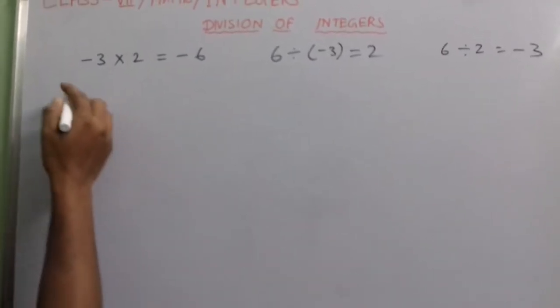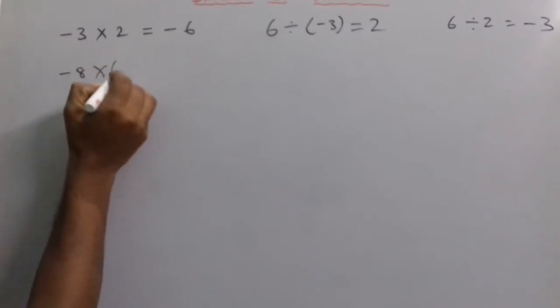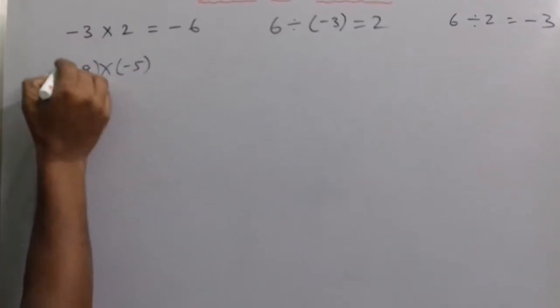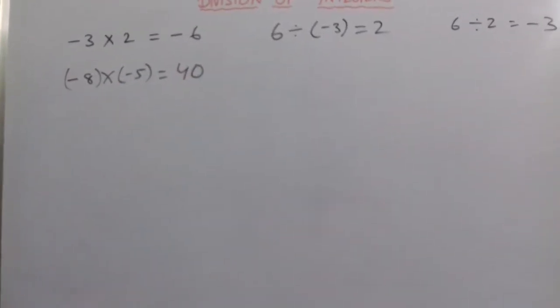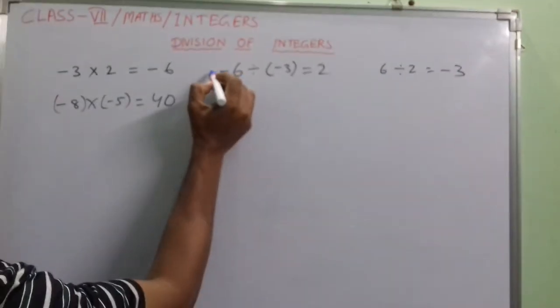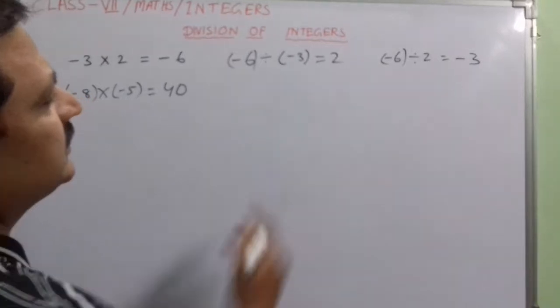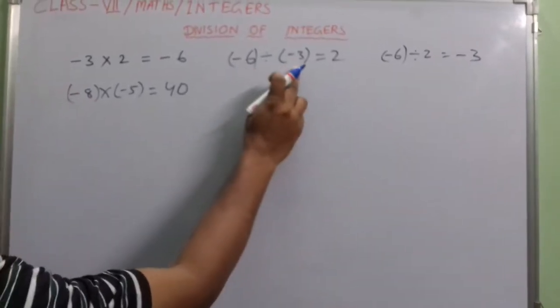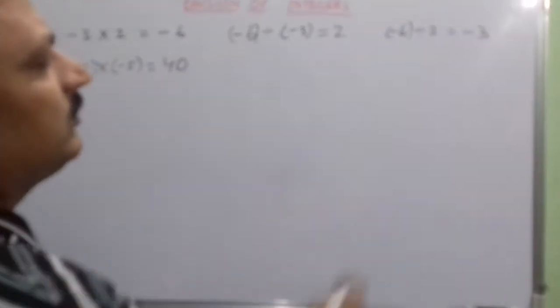Okay. Let's take another example. Minus 8 into minus 5 gives you 40. Here I have minus 6 rather, and here also I have minus 6. Minus 6 divided by minus 3 equal to 2. Minus 6 divided by 2 equal to minus 3.